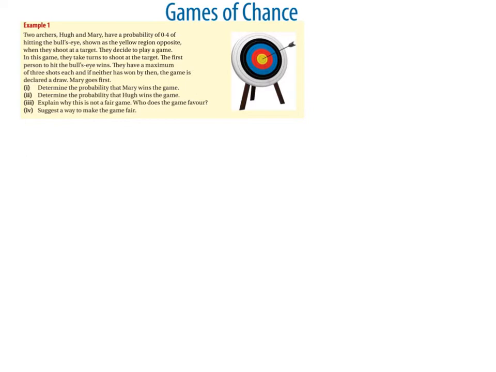So let's have a think what's going on here. We want the probability that Mary wins. That means that she either hits it on the first one, or Mary hits it on the second shot, or Mary hits it on the third shot.